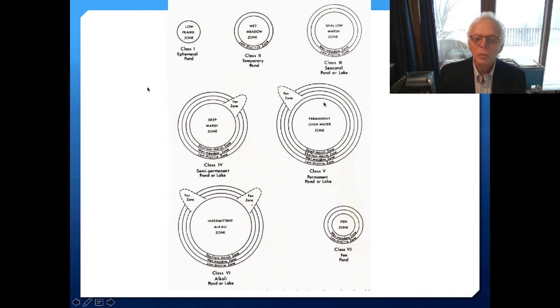In permanent open water zones, you'll have low prairie around the edge, and if you look at aerial photographs, you can see these very easily. Wet meadow zones, shallow marsh zones, and deep marshes, and then permanent open water. There also are, in alkali ponds and lakes, often fens that are feeding those alkali lakes, and so on.